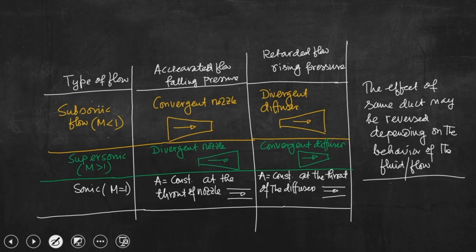This is very important. So, we can use the same duct sometimes as the nozzle, sometimes as the diffuser. Okay. Now let us discuss the mass flow rate through the nozzle.